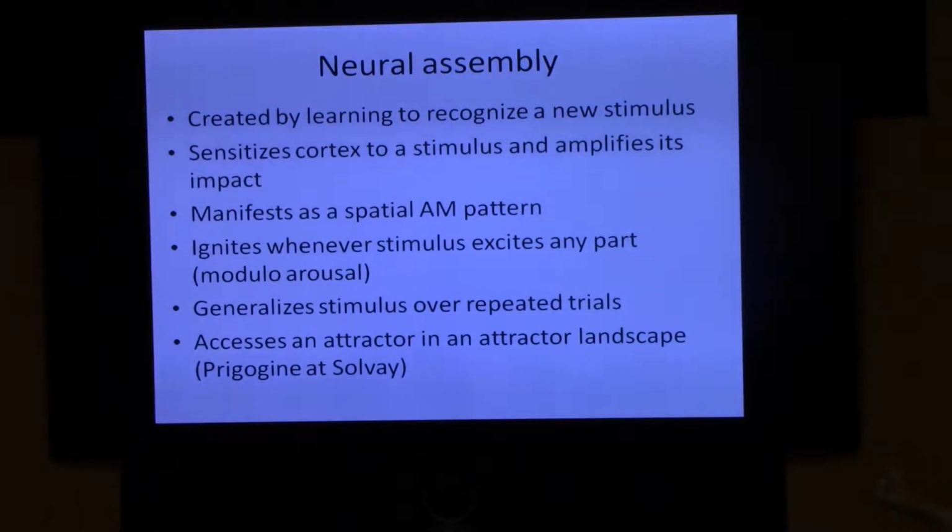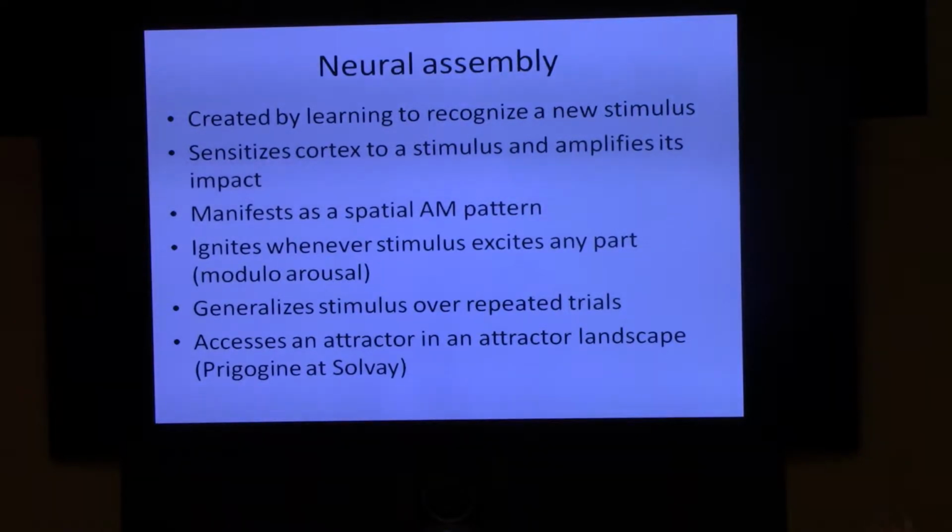So this idea of the neural assembly being an attractor landscape was greatly influenced by Freeman's meeting of Ilya Prigogine at the Solvay Institute in Brussels. Freeman was there for a year, I think, as an honorary chair of some kind.